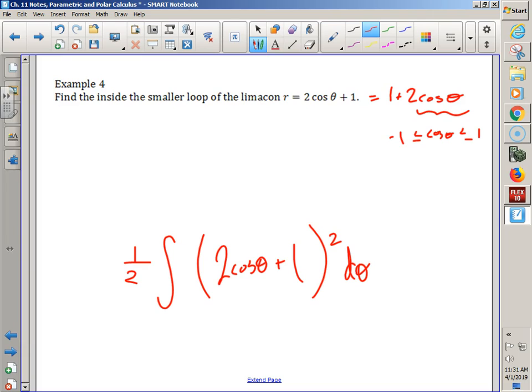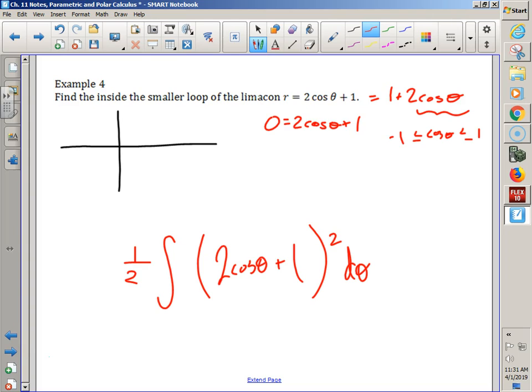Since it can be negative, 1 minus 2 would be a negative number. This has an inner loop, but when does it happen? For all the limacons you're going to see, they're going to be centered around the pole in some way. They might have symmetry around the polar axis or around the pi over 2 line, the old x, old y. But still, that inner loop is going to happen around the pole, which means solve for the zeros.